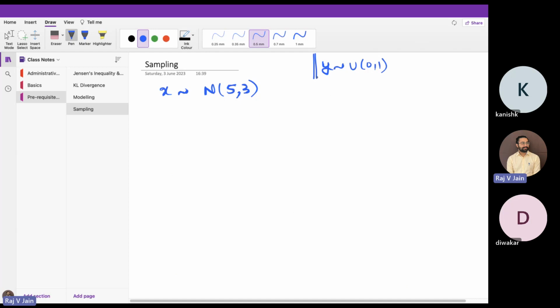This is all that you have with you, but you want a sample from this distribution. So any thoughts on how this happens? We've actually covered a bit of this already in the LOTUS theorem and stuff like that.